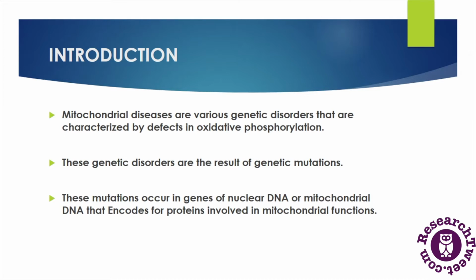These genetic disorders mainly result from genetic mutations or inheritance, which cause different types of mitochondrial diseases. These mutations occur in the genes of nuclear DNA or in mitochondrial DNA, which encode proteins involved in mitochondrial functions, and due to the mutation they can't function properly, and this causes different types of diseases and symptoms in the patient.